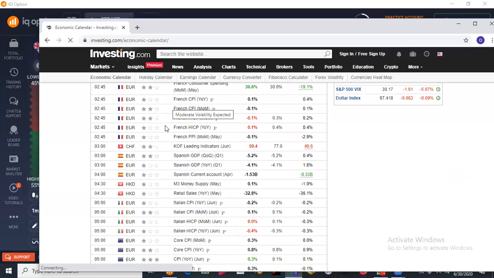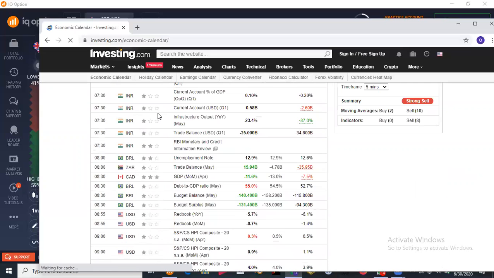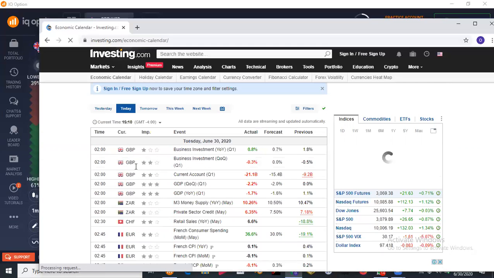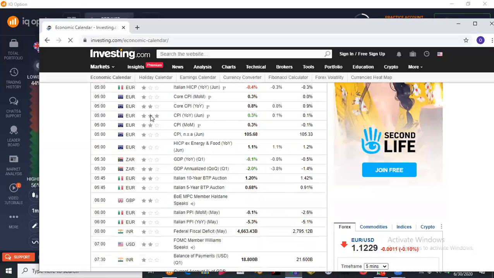Investing.com has changed this. It's not a bull anymore, it's now a star. So it's a 3-star news. Check for now. We had one in the morning, that was 8:30, Canadian dollars. We had another one, Great Britain pounds, early in the morning, 2 a.m. Then euro was at 5 o'clock in the evening.